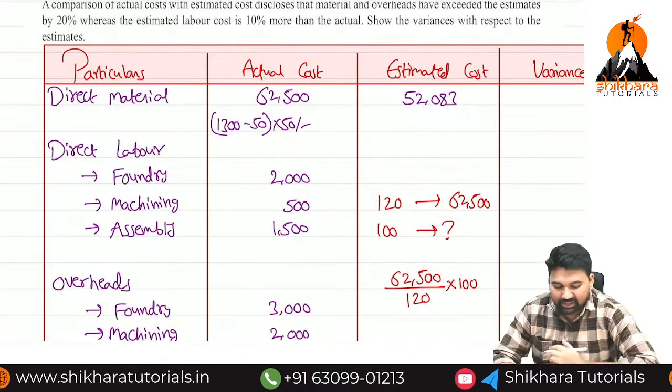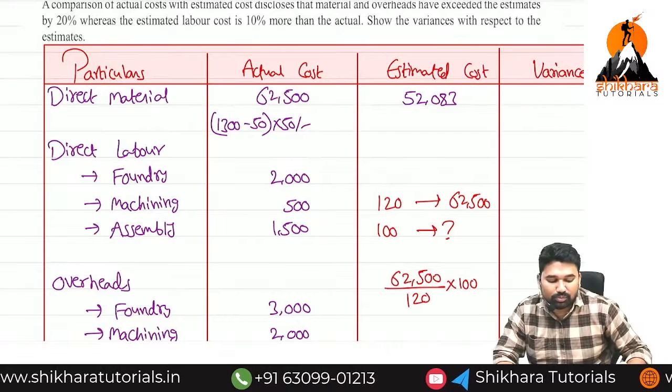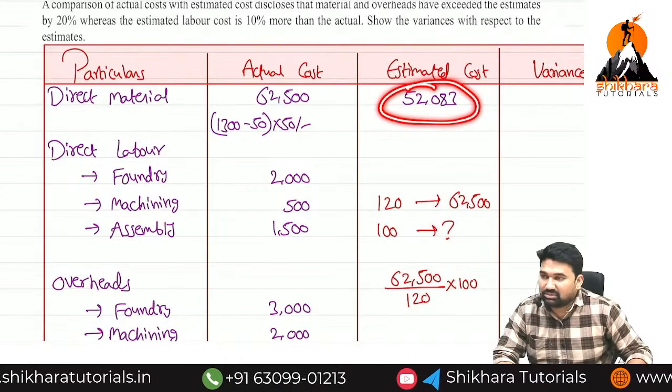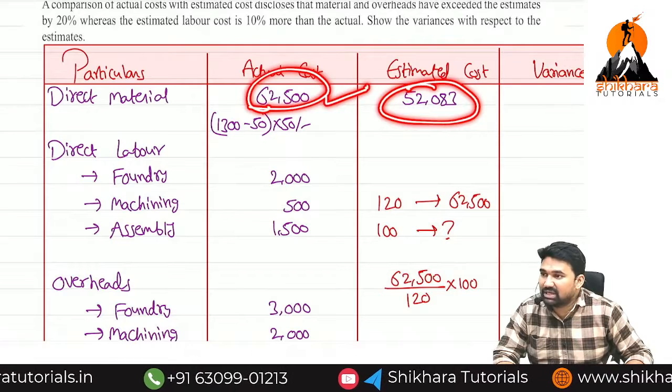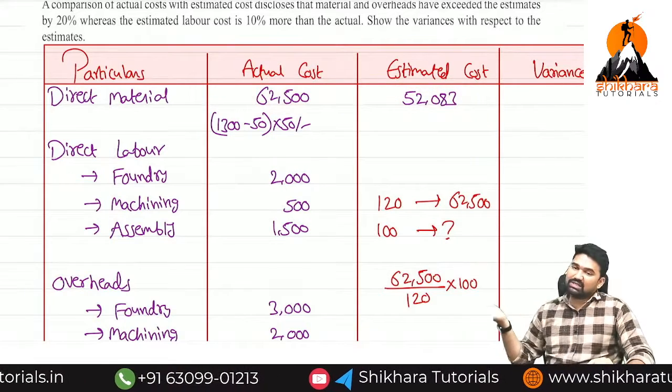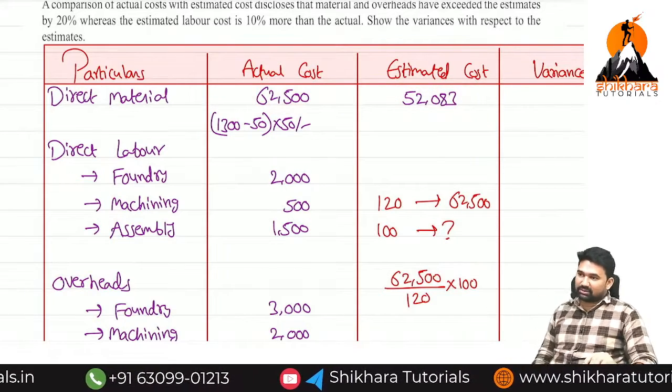It means you planned 52,083, but it went up to 62,500. Is it over expenditure or under expenditure?